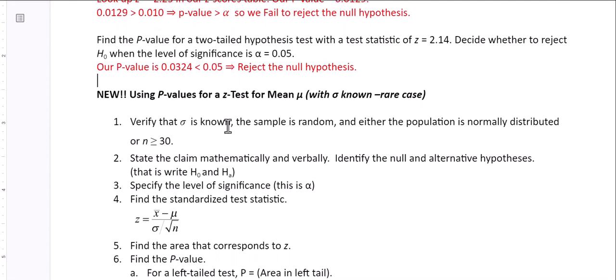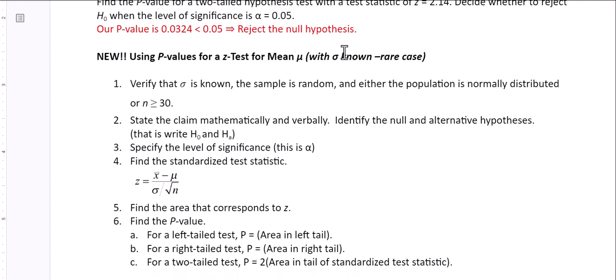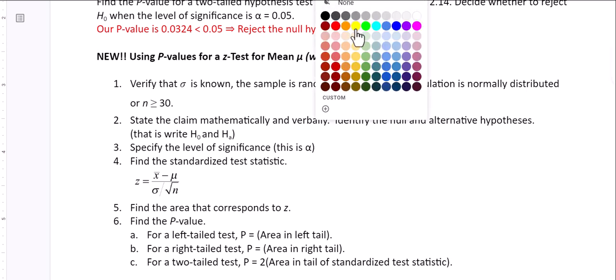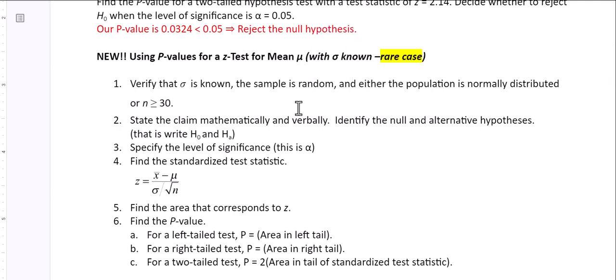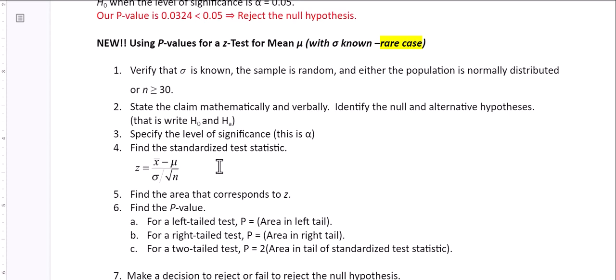New, now using p-values for a z-test for a mean, with sigma known. Remember, sigma is the population standard deviation, and this is a very rare case. We don't usually know our population standard deviation. So first, these are the steps to do a hypothesis test for the mean.